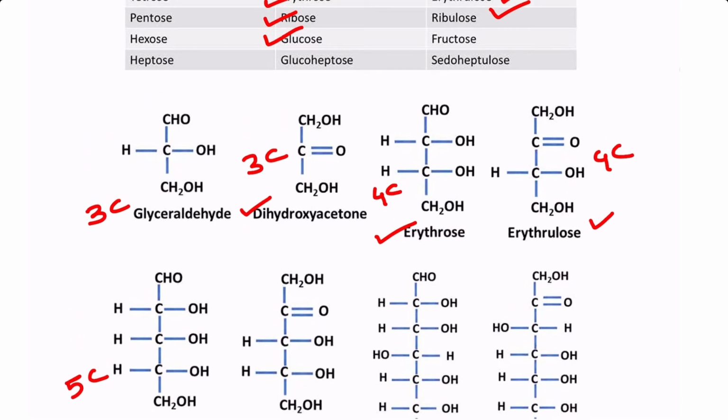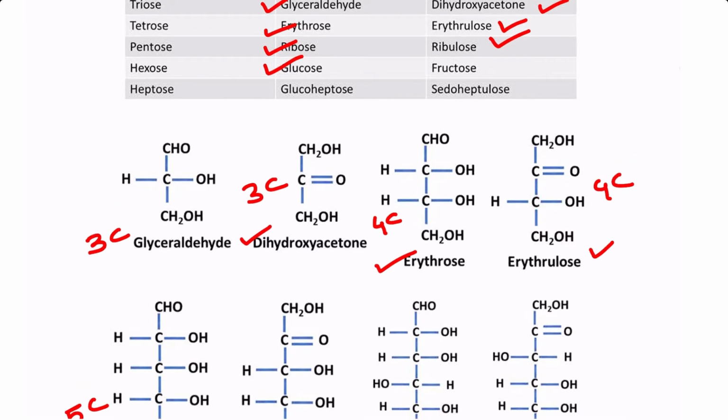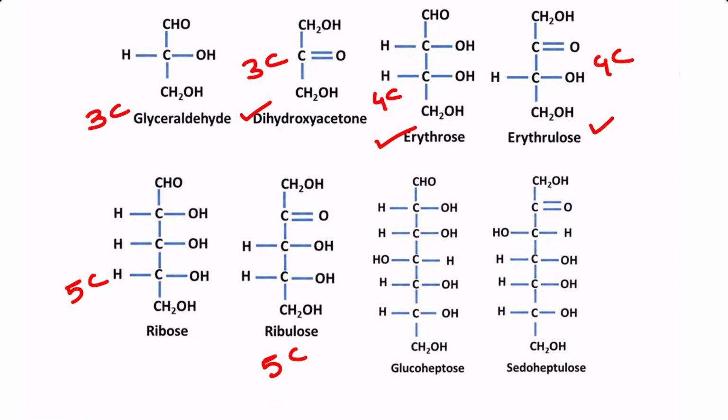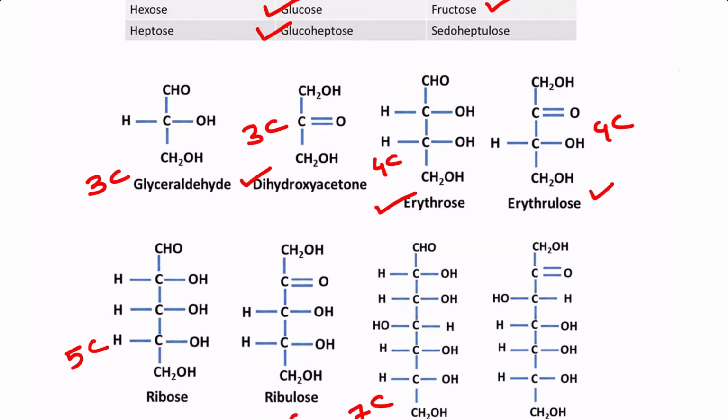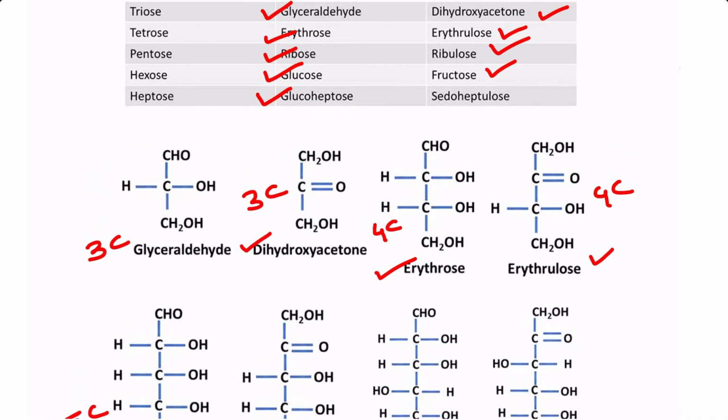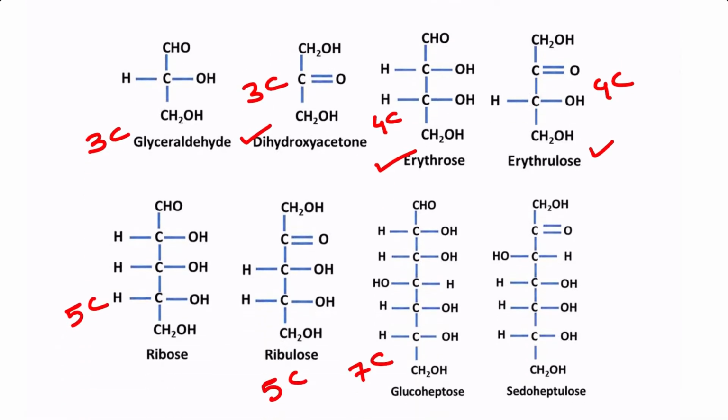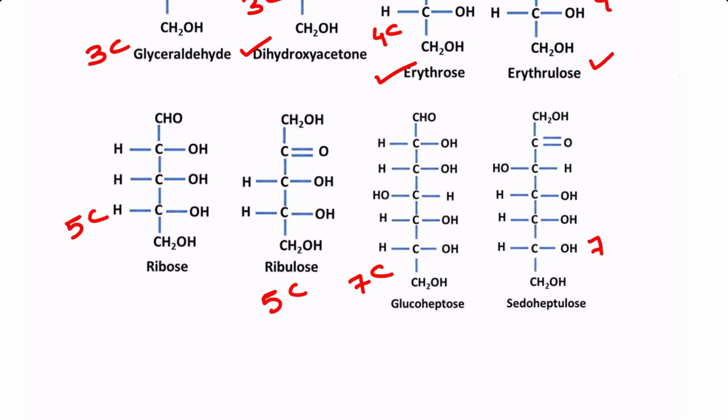We have seen glucose, and hexose ketose is fructose. Heptose aldose is glucoheptose, that is 7 carbon compound, and heptose ketose is pseudoheptulose, that is 7 carbon compound. So we have seen the structures here.